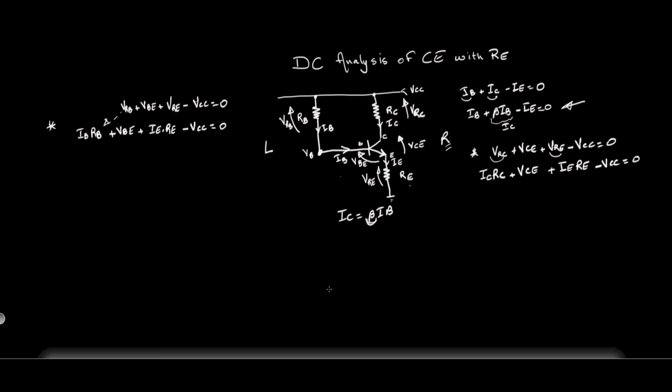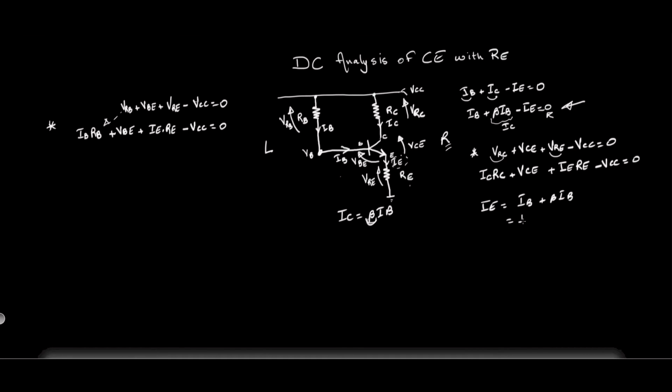So now, let's say we're interested in a final IE current equation. Okay? Now, we could look at it from here and say, on this side, IE is going to be equal to IB plus beta IB.